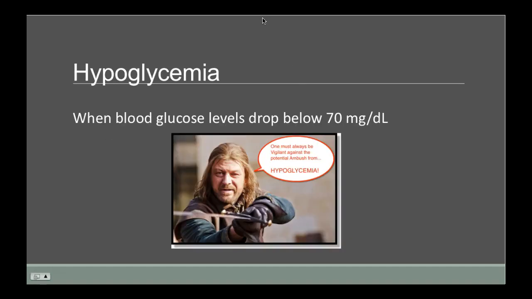We're next going to talk about hypoglycemia, just for a little bit. Basically, it's when the blood glucose drops below 70 milligrams per deciliter, or you could say it's too much insulin in proportion to the glucose in the blood.